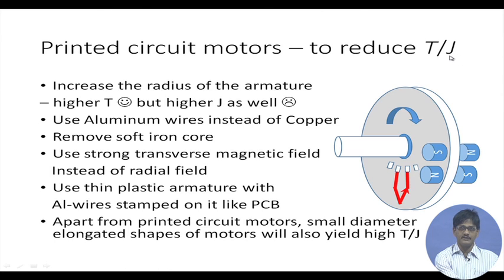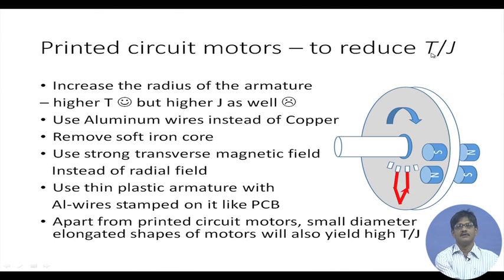And for the denominator J, let us investigate the other multiplying factors like mass and reduce it sufficiently, so that the combined effect of mass and radius square will ultimately be reduced. So in this particular type of motor, all the terms are modified. Let us see how it is done.